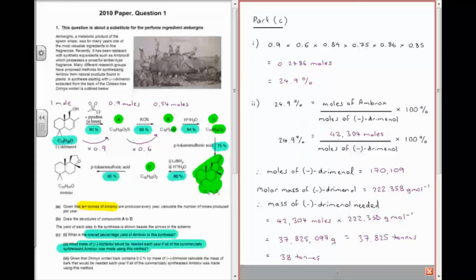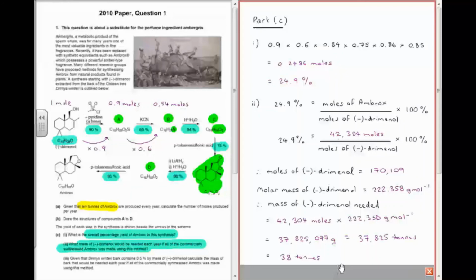You'll notice that throughout these calculations we've carried through as accurate a number on our calculator as possible, and then only at the final stage of the calculation converted the answer to the degree of accuracy that we need.